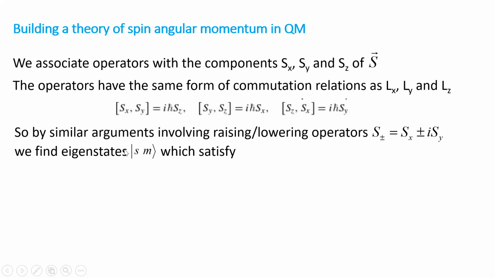the range of possible eigenstates, we find that the eigenstates, which were, remember, |l m> for the orbital angular momentum, now they're |s m> because it's spin S. The eigenstates are simultaneous eigenstates of the square of the intrinsic spin angular momentum, S squared, and also of the z component Sz.